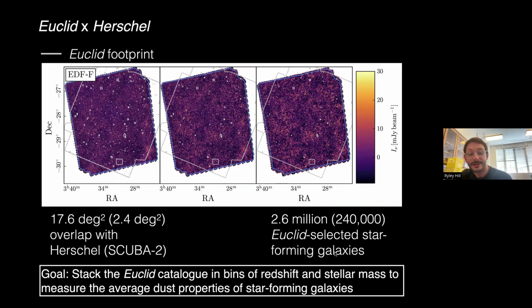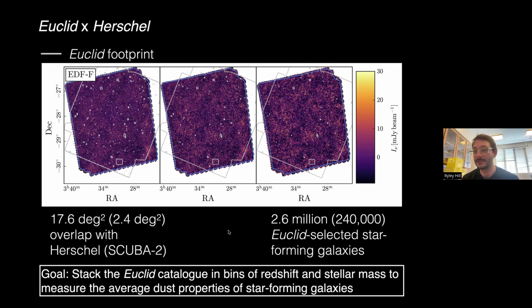There are about 20 square degrees on the sky where the Euclid images, which is this gray outline here, overlap with images from the far infrared telescopes like Herschel SPIRE and SCUBA-2. And there are about 2.6 million star-forming galaxies from the Euclid data that overlap with this far infrared data.